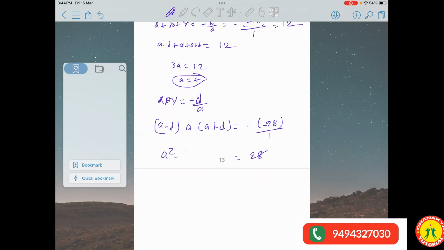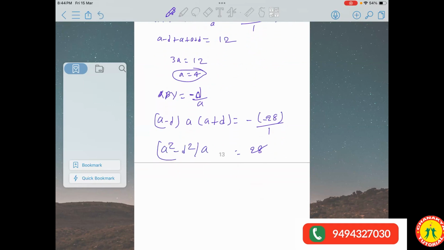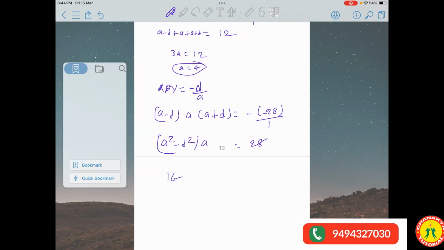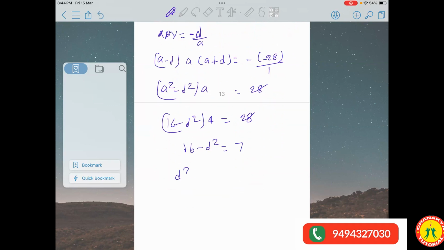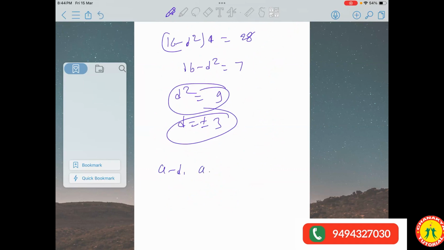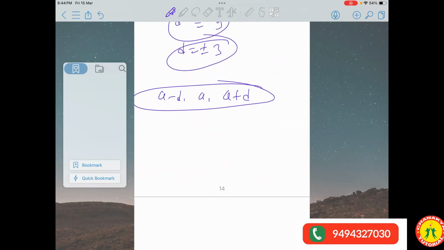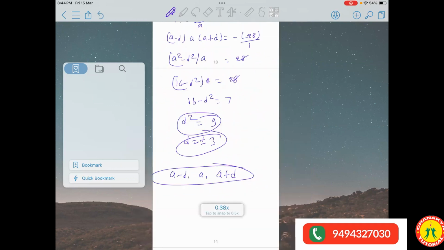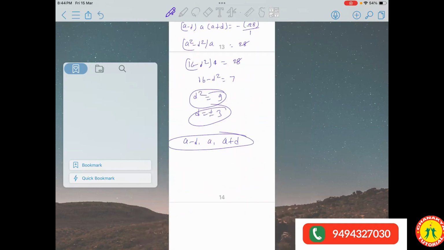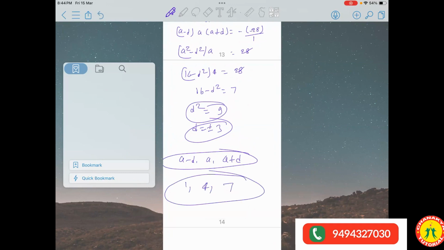So a square minus d square into a is equal to 28. Put the a value 4: 16 minus d square, into 4, equal to 28. 16 minus d square is equal to 7. You can solve. d square is equal to, I think, 9. So d is equal to plus minus 3. So the roots are a minus d, a, a plus d. Yeah. So I think we're saying the right answer 147 is the correct answer.